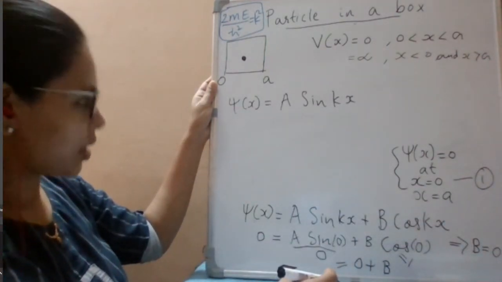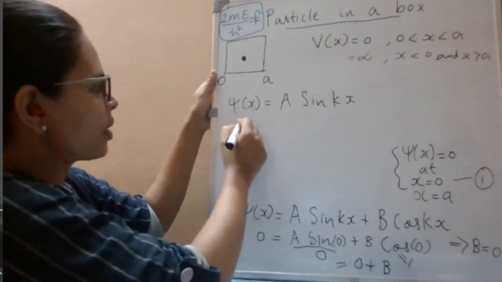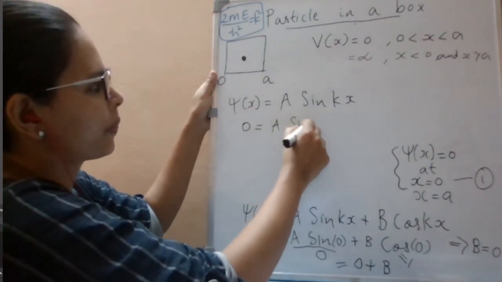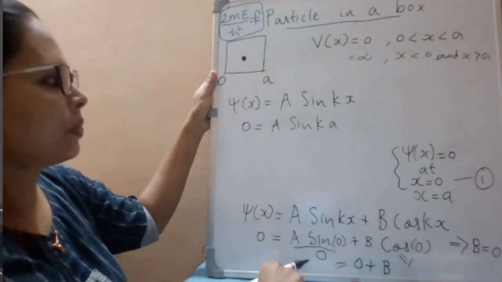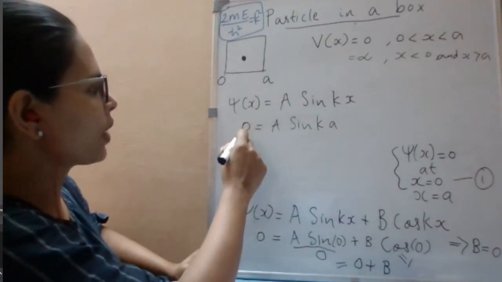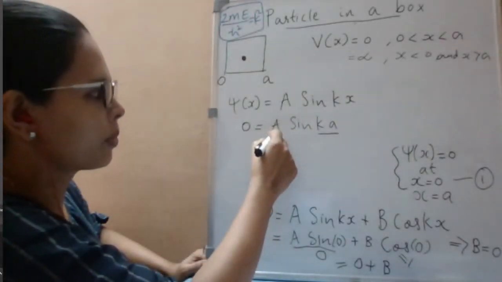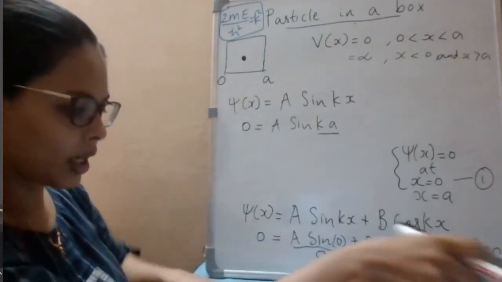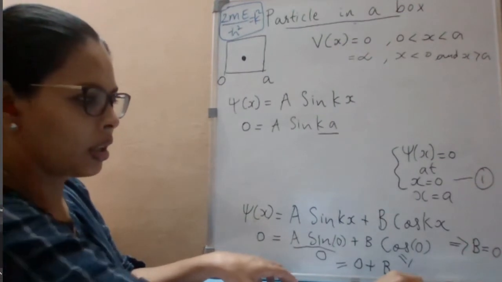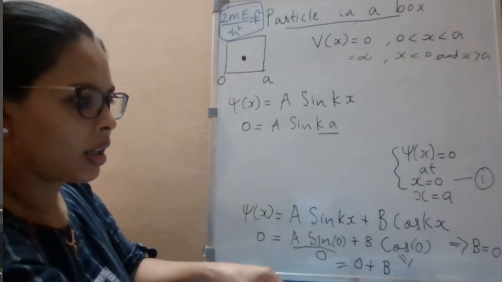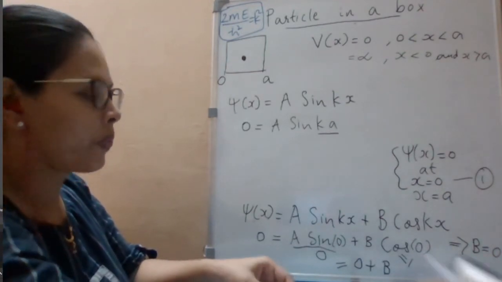If we apply the second condition, you should have psi of x is equal to 0 when x is equal to a, so a sine ka. For this case, we have to find a value of ka such that sine is 0, because a cannot be 0, so that it equals 0. So that condition is given like n pi is equal to ka.